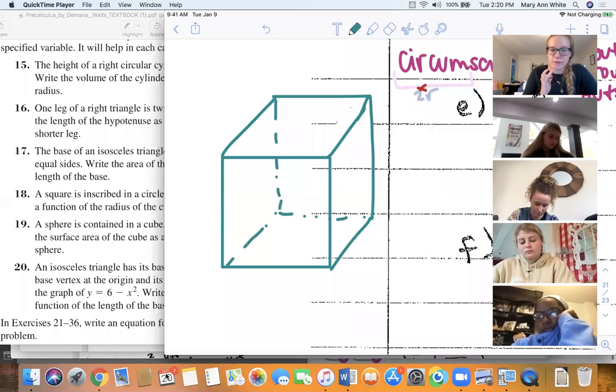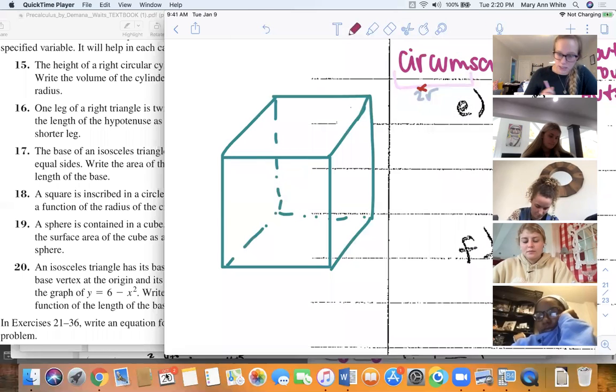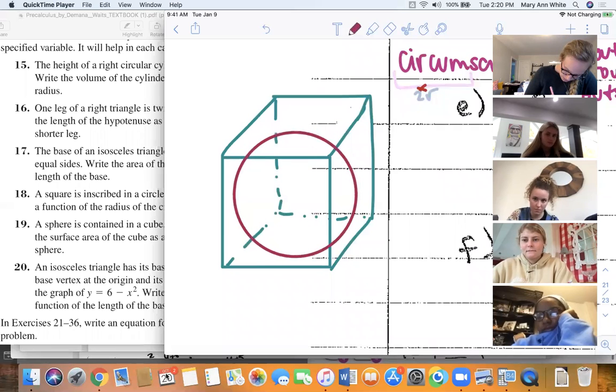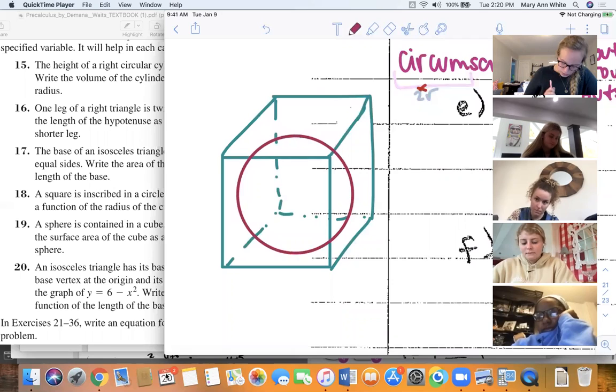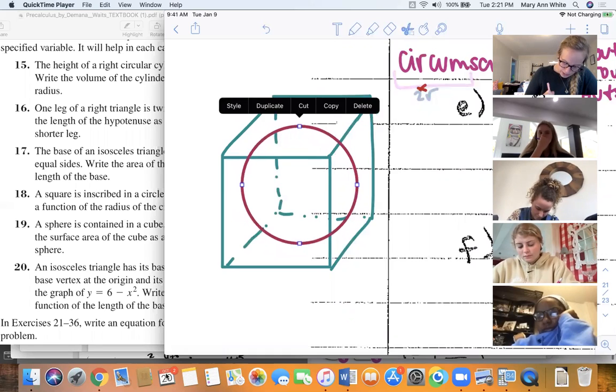Okay, so there's my cube, and I'm going to draw a sphere on the inside. So it's a 3D circle, essentially. I guess that's as good as we're going to get. Drawing in 3D is kind of tough on a 2D space.